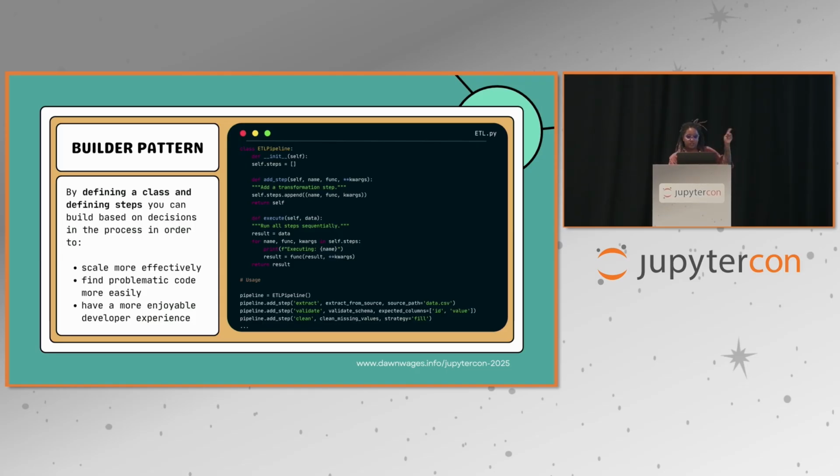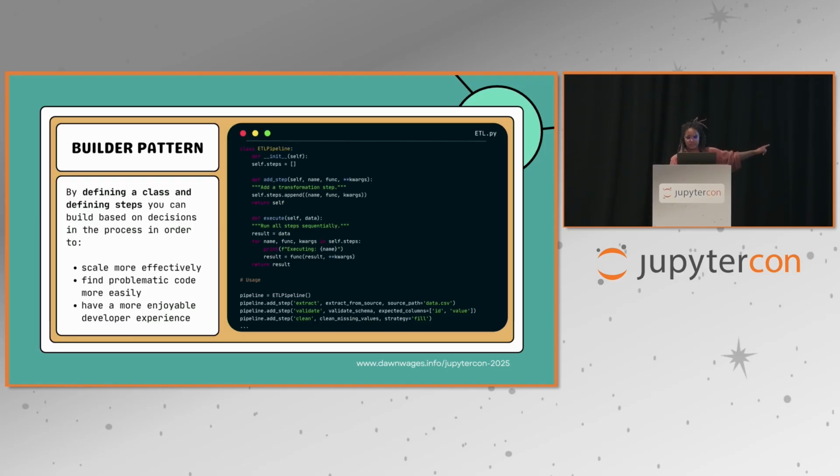What we're doing is defining a class and adding methods where you can add steps, and then you use it by adding those steps with the different methods, and then you have the final method where you can execute all of the steps sequentially. This is in my etl.py file, and when I initialize this object, it starts with steps as an empty list.